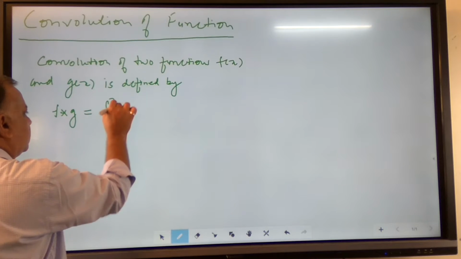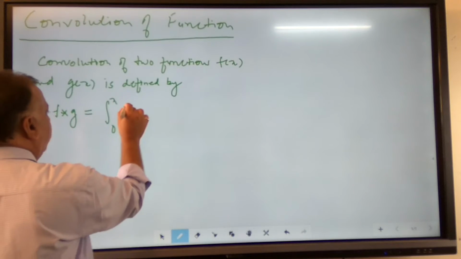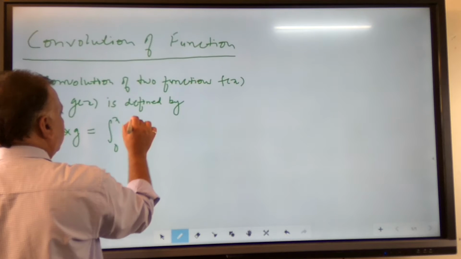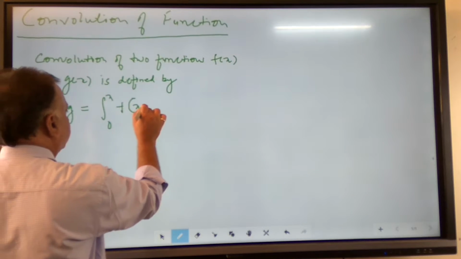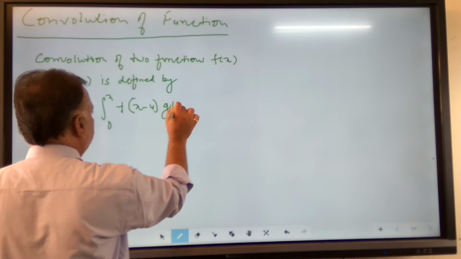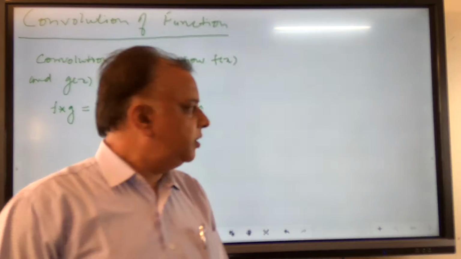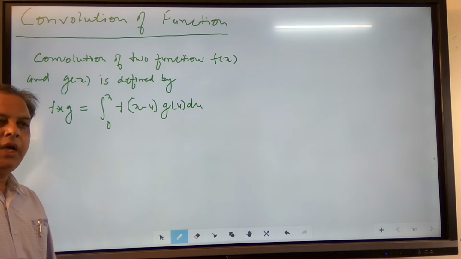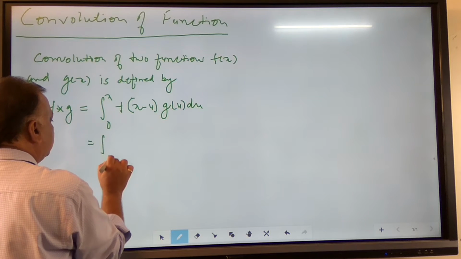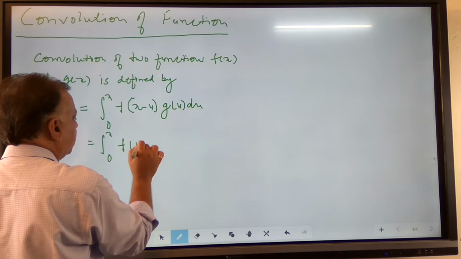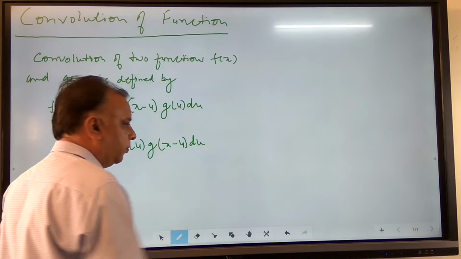integral 0 to x f of (x minus u) g of u du, or we can also write it as integral 0 to x f of u g of (x minus u) du.